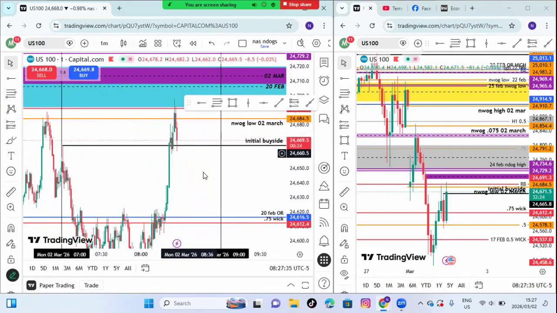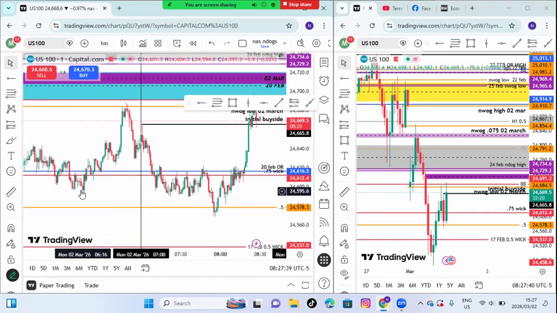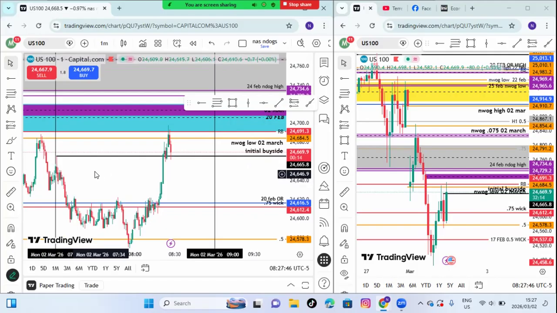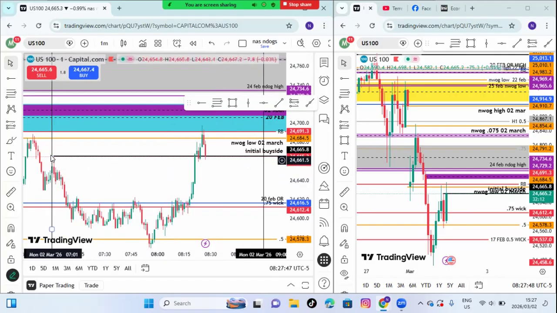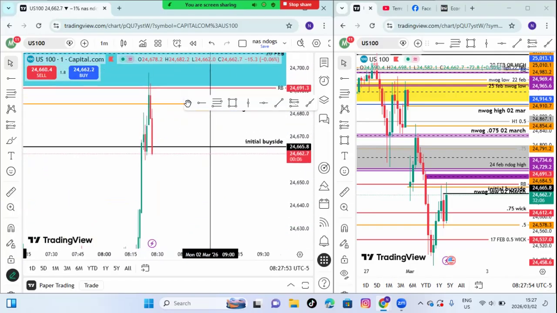And then the sell side of that is here. This lunch sell side for London, and then this lunch buy side here. And then we also took the initial buy side formed right after open, right? So any sells that we get here, we're gonna enjoy selling here.